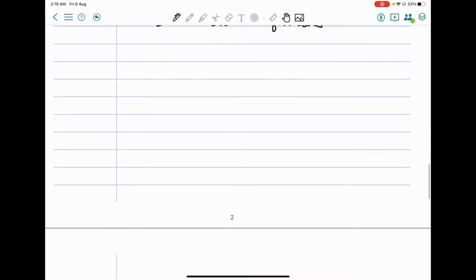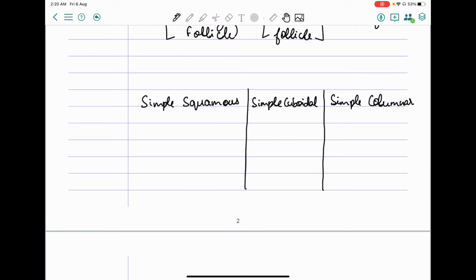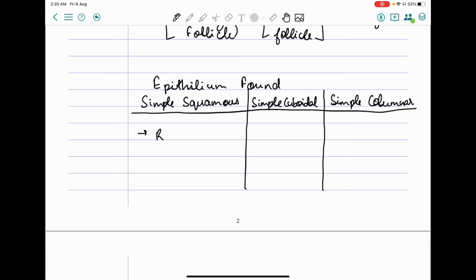So let's differentiate between them. As we have all seen in thyroid, first let's complete that: simple squamous is found in the resting thyroid follicle. Now these are the locations, where these epithelia are found. We will differentiate them by where they are found. First, the thyroid one.